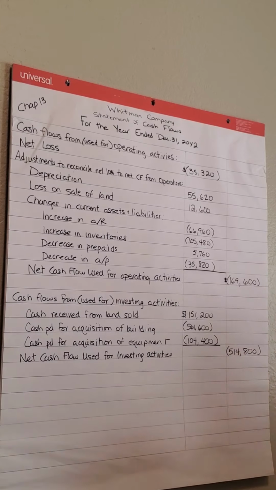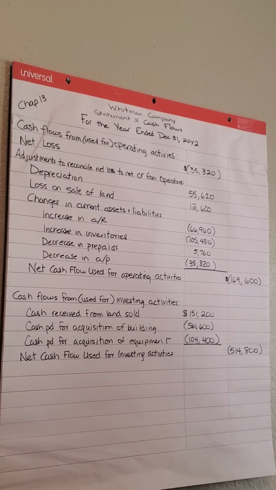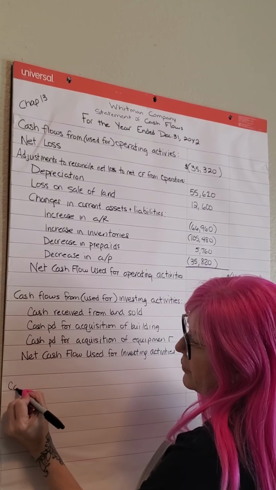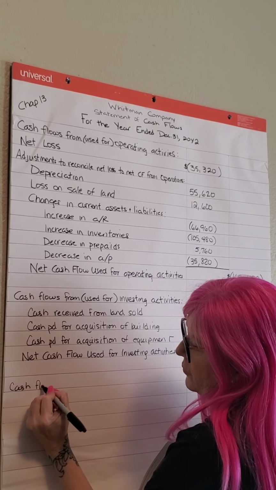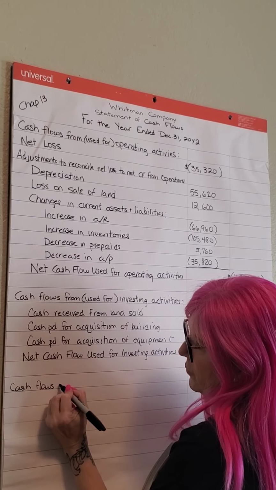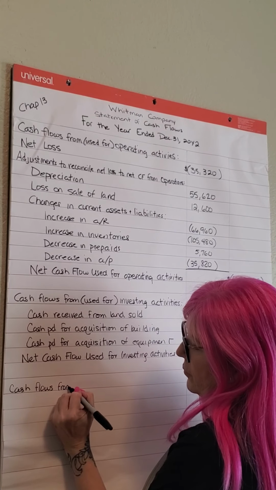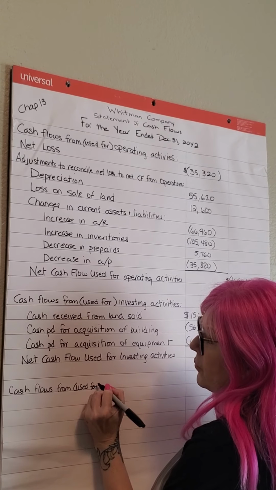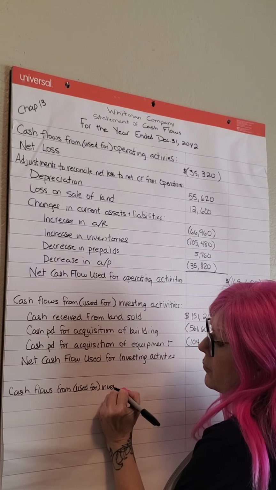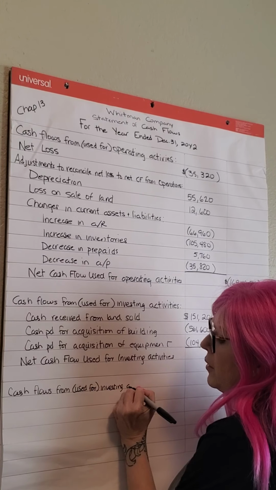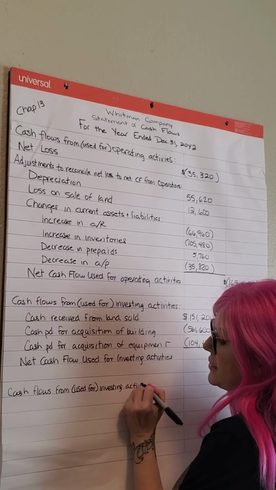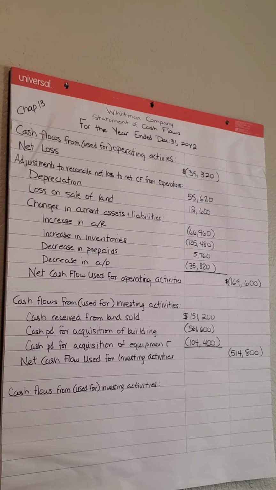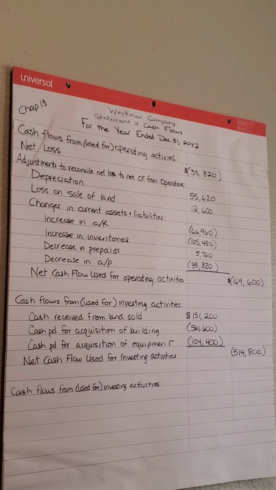And now we can move on to the final section, which is cash flows from or used for financing activities. And remember, these kind of activities are from issuing bonds, dividends, items like that.